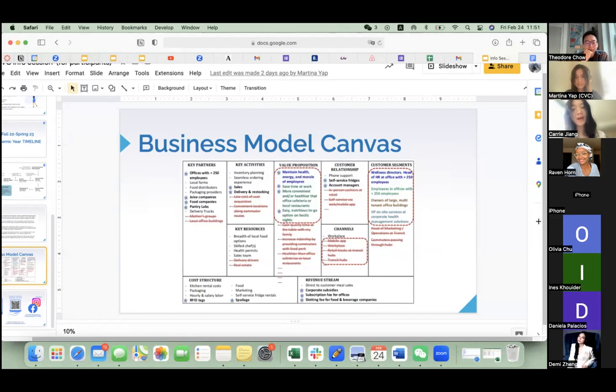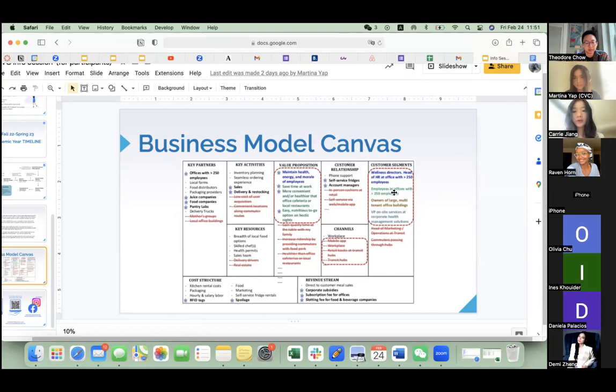But if you get advanced to round two, we're expecting you to submit one where the blue text for the value proposition is what you wrote down for the round one application, the green one is the new one, and the red one is what you cross out. So we're going to be here to check your growth over time, how you pivot your ideas and how you discover all these changes through your customer discovery surveys and things like that.